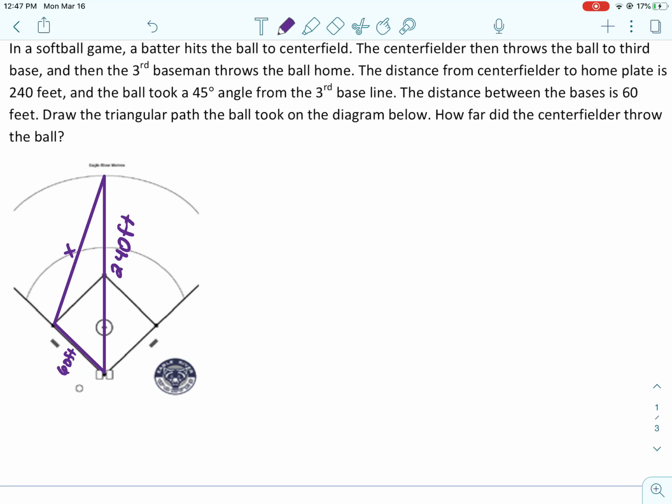All right, and the third baseman throws the ball home, which is a distance we know because in softball, the bases are 60 feet apart. All right, and then one more thing we know is this angle is 45 degrees.